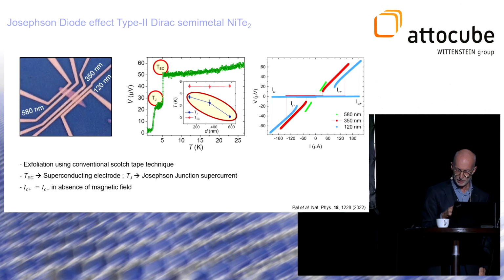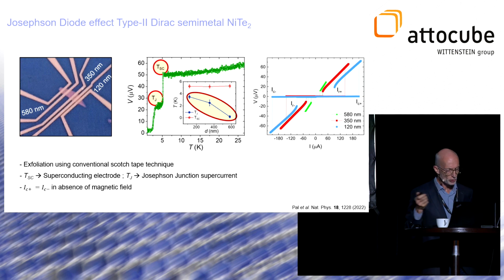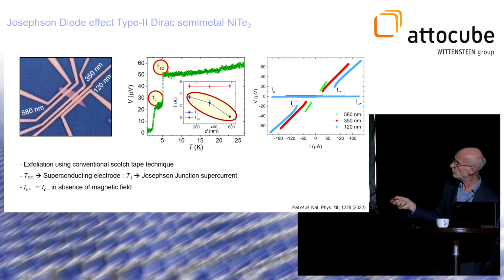So what do we do? We simply take a flake, shown here, in this case, of nickel ditelluride. We make niobium electrodes, a conventional superconductor, and we place these niobium electrodes on the same flake. Here you can see distances ranging from 120 to 580 nanometers.